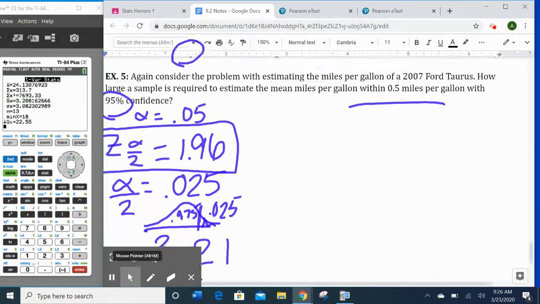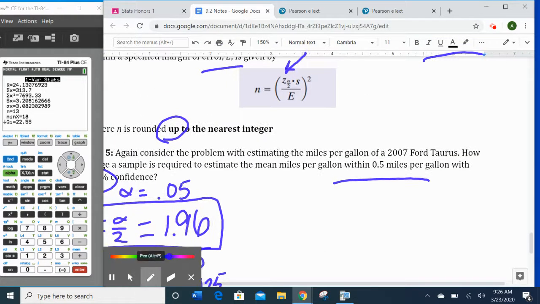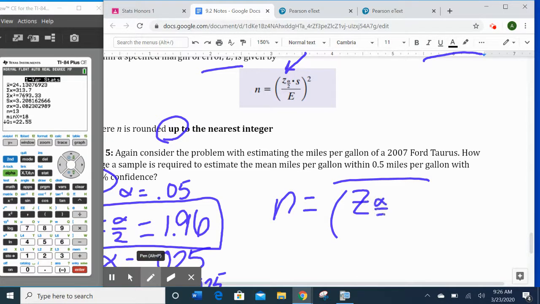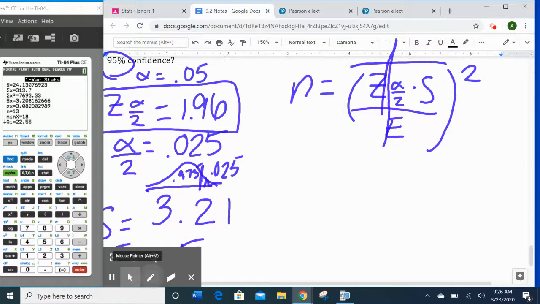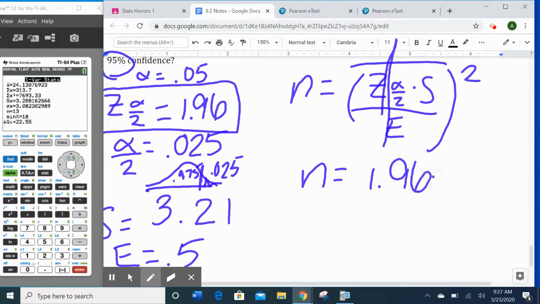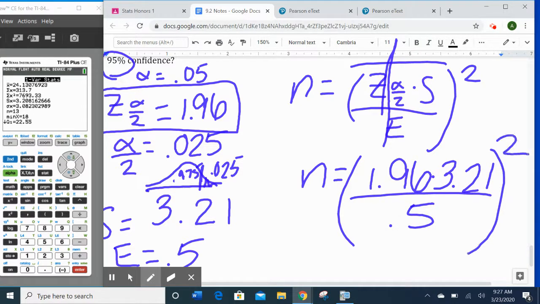And so I'm going to plug in all of this information into this formula. N equals Z sub alpha over 2 times S over E, squared. So N is equal to 1.96 times 3.21 divided by 0.5, squared.